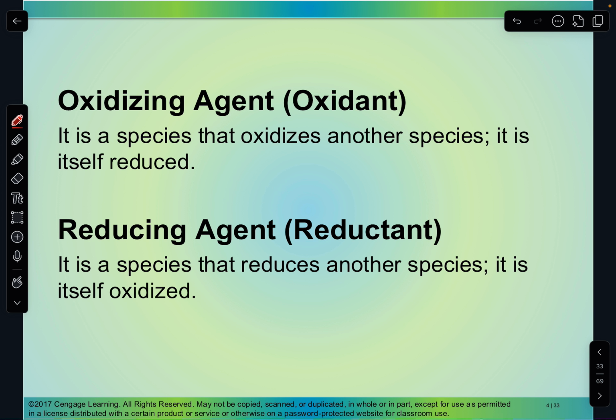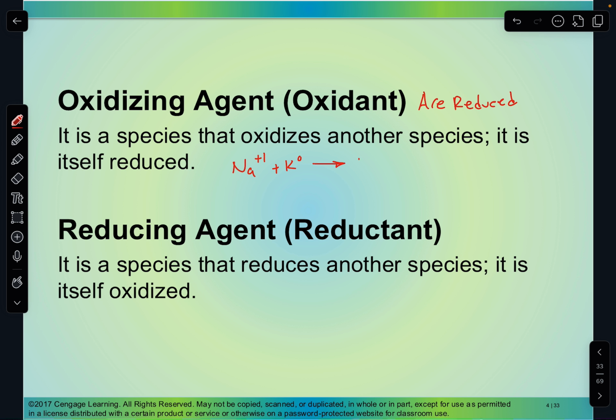So a little bit more terminology. Oxidizing agents and oxidants are reduced. So what does that mean? If it's a species that oxidizes something else, then it itself is being reduced. So let's say that we have Na+1 plus K with a 0.